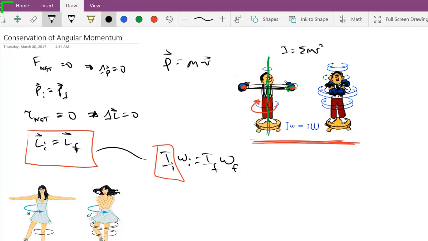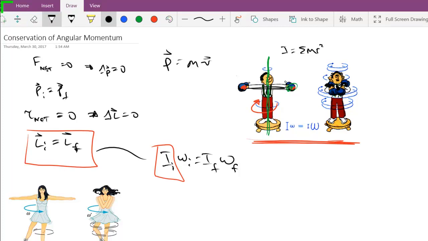And he has some angular momentum associated with his rotation and his rotational inertia right here. When he brings his arms in, though, without really changing the mass, only changing the way the mass is distributed, this rotational inertia becomes much smaller, and therefore it must be made up by increasing the rotational velocity.